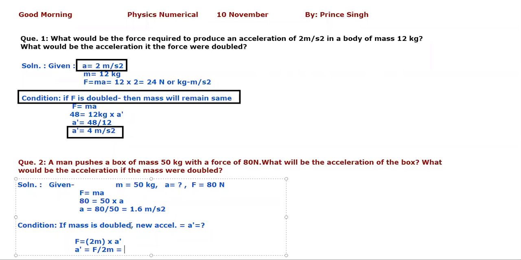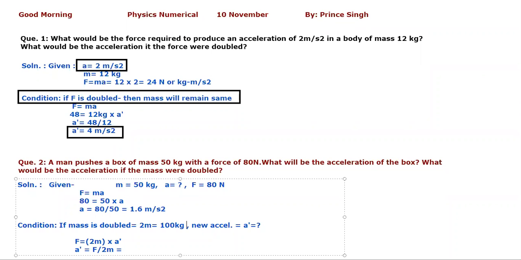So if the mass is doubled, that means 2 times the mass. What do we have as the mass now? 100 kg. Okay, the new mass after the mass is doubled is 100 kg. Force will be the same.